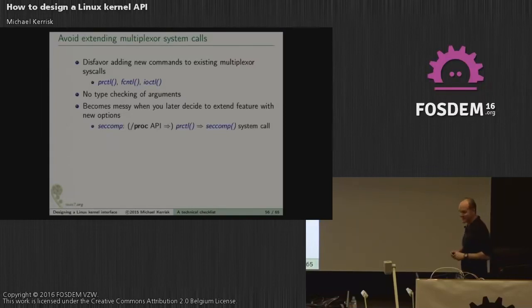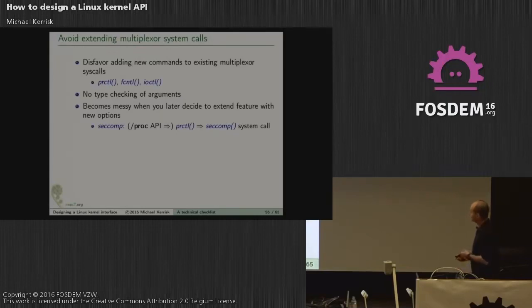But some people try and sneak monstrously large APIs in as IOCTLs. One of the problems with using these multiplexed system calls is that if you decide to extend your new feature later on, you might end up multiplexing your multiplexed system call.